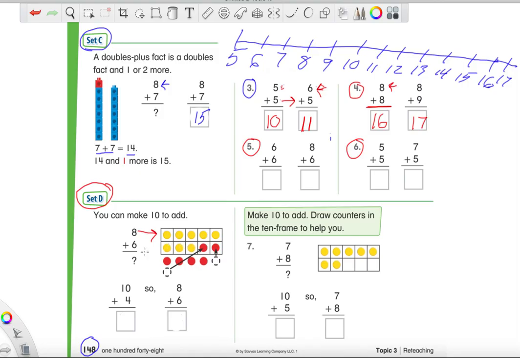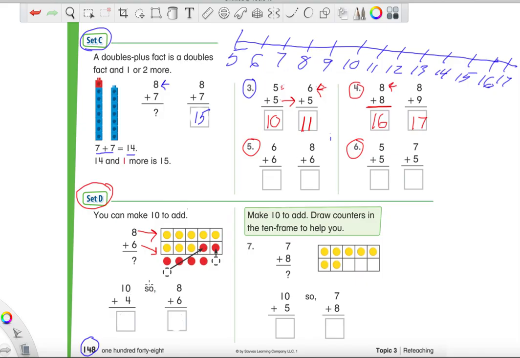And then what they want us to do was finish drawing more circles that went with the bottom number. So we had 6 on the bottom, so they made 6 red circles. 1, 2, 3, 4, 5, and 6. But we make sure that we completely fill up the 10 frame first. And that can make it a little bit easier to solve an addition sentence sometimes.